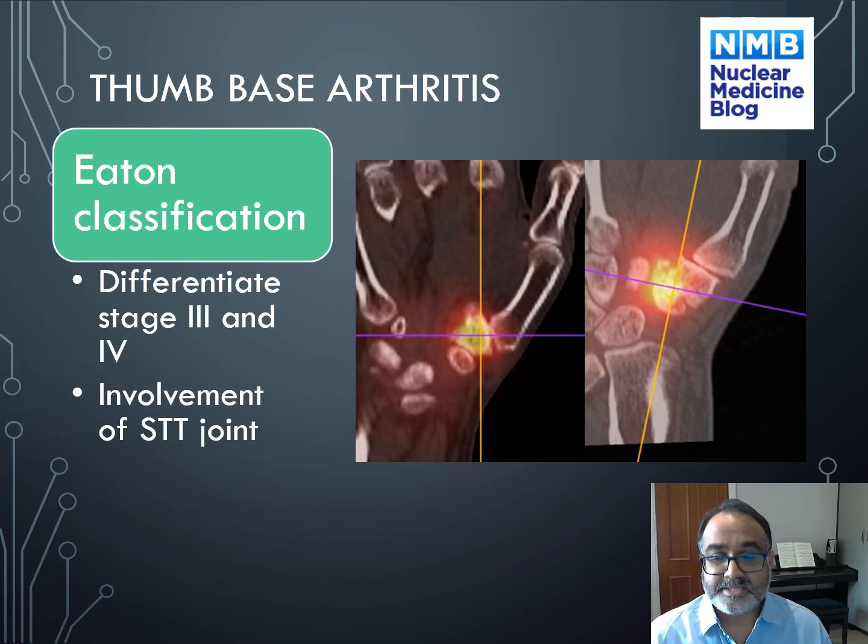The SPECT-CT is helpful in differentiating a stage 3 from a stage 4 joint, and this is because it allows us to evaluate whether the STT joint is involved, and this has different surgical management. So, we sometimes do MRI scans for this indication. I think SPECT-CT is better because it more accurately localizes sites of arthritis in the wrist.